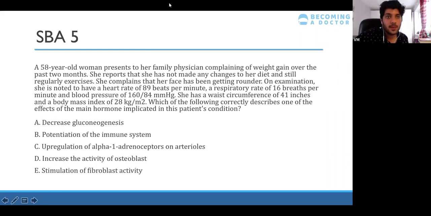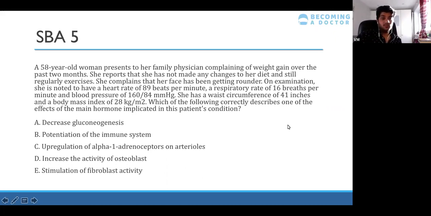And another SBA. A 58-year-old woman presents to her physician complaining of weight gain over the past 2 months. She has not made any changes, but she still regularly exercises. Her face is getting rounder.